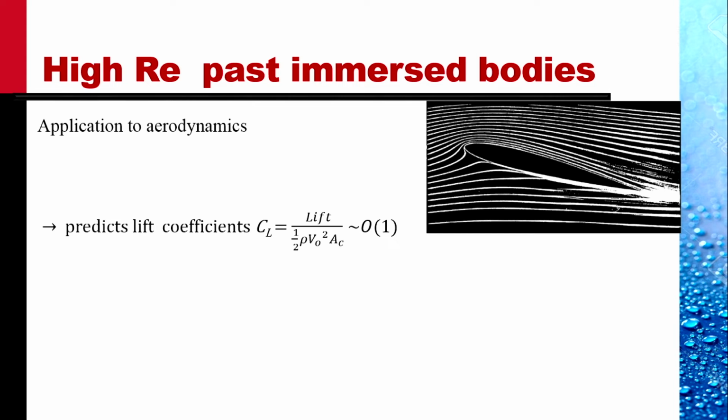And it predicts a lift coefficient of the order 1. And when we look at the actual lift coefficients, there is pretty good agreement. So, this assumption of neglecting viscosity, when applied to problems in aerodynamics, gives good results in predicting lift coefficients.